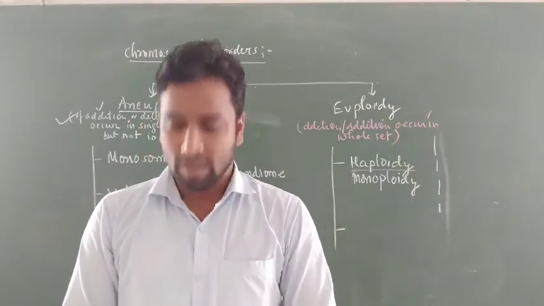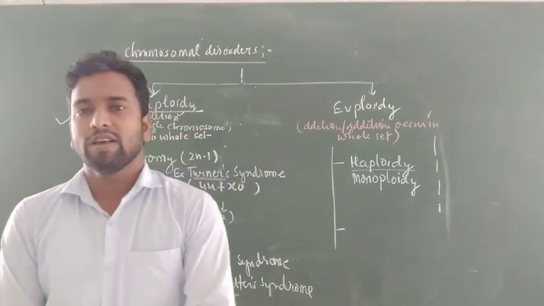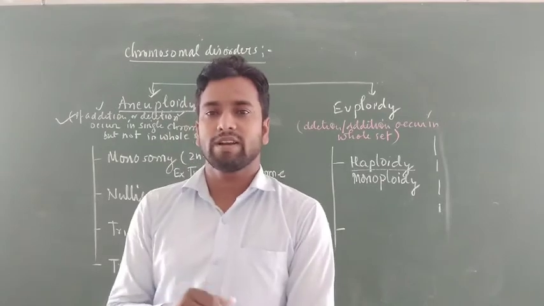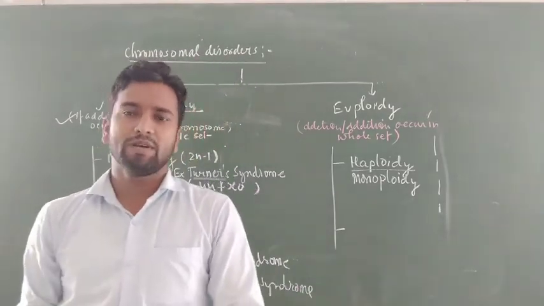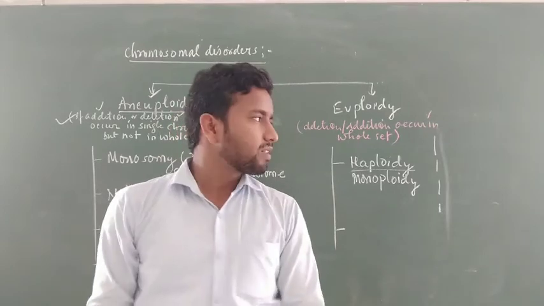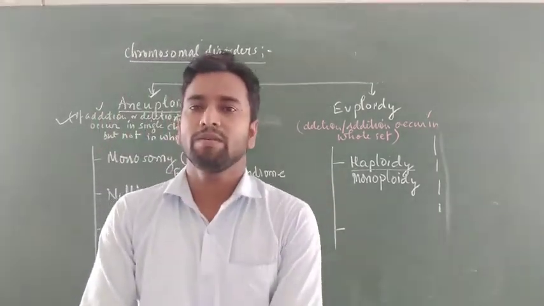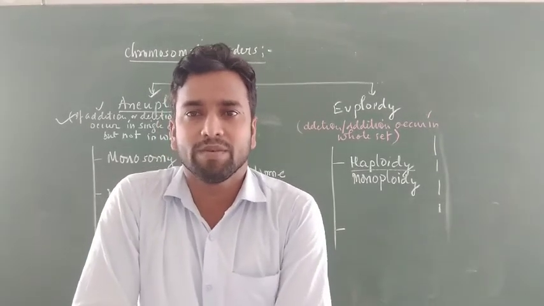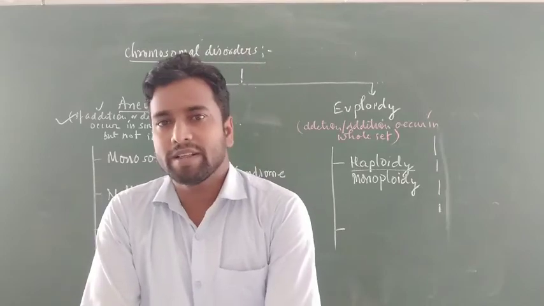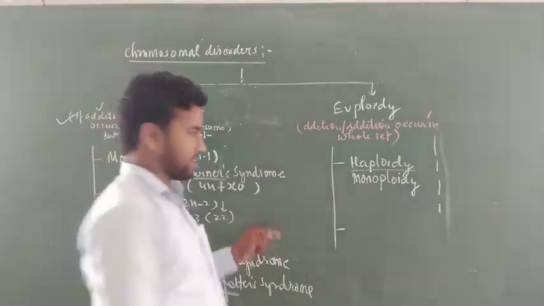This is not tolerated by human beings and other animals, but plants can easily withstand these conditions and develop. Haploidy and polyploidy are observed mostly in plants, because scientists perform many experiments on plants in these cases.